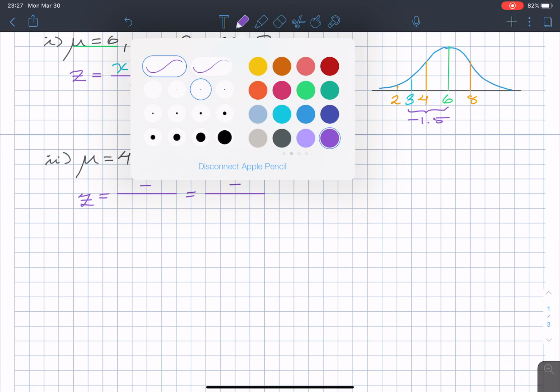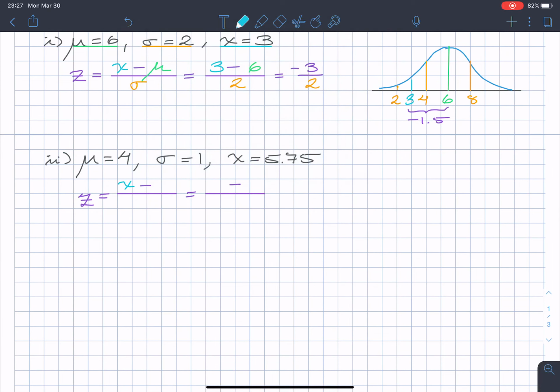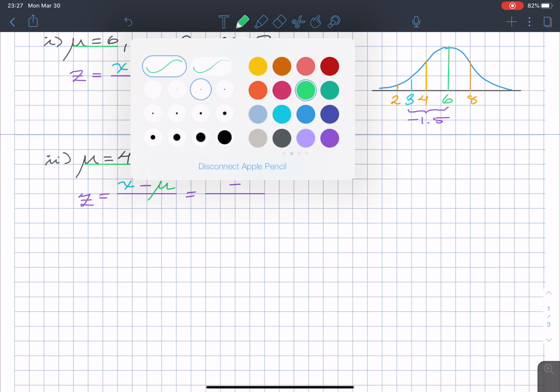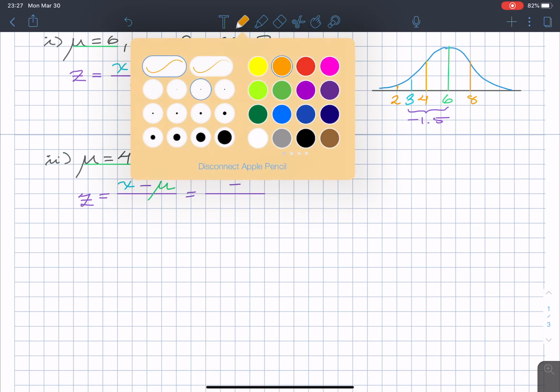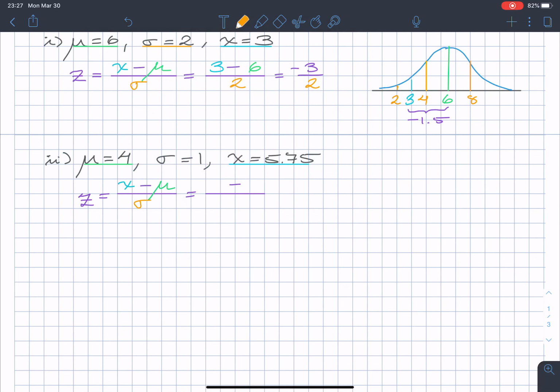So this is going to be data point x, 5.75, minus the population mean, 4, all divided by the standard deviation, 1.